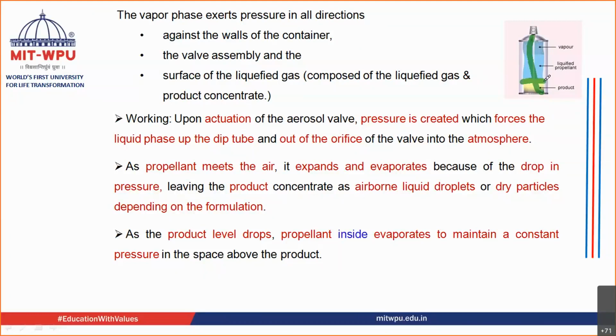So this level of the propellant product is going to drop, and a space is going to be created. As soon as the space is created, the pressure decreases inside. As soon as the pressure decreases, this liquid propellant is going to convert into the gaseous propellant, and it is going to occupy the space, and again the equilibrium is going to get established, right?